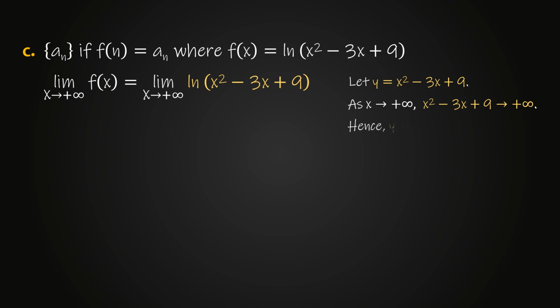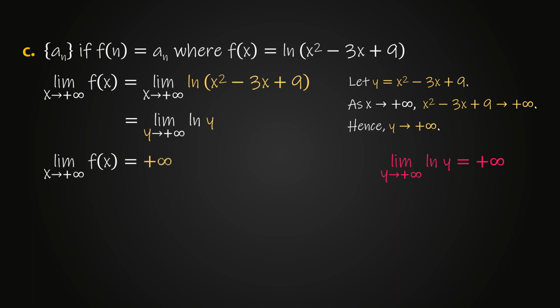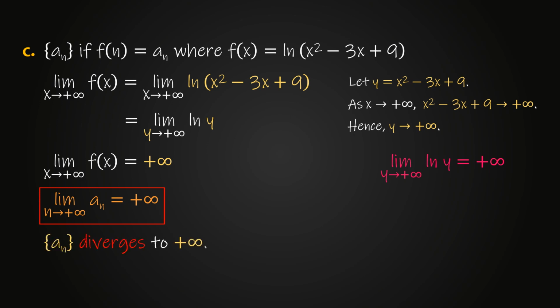Hence y approaches positive infinity too. Use the following limit at infinity expression of the natural logarithm function. The limit at positive infinity of the composite function is positive infinity. Therefore, the limit of the sequence is positive infinity. That is, the sequence diverges to positive infinity.